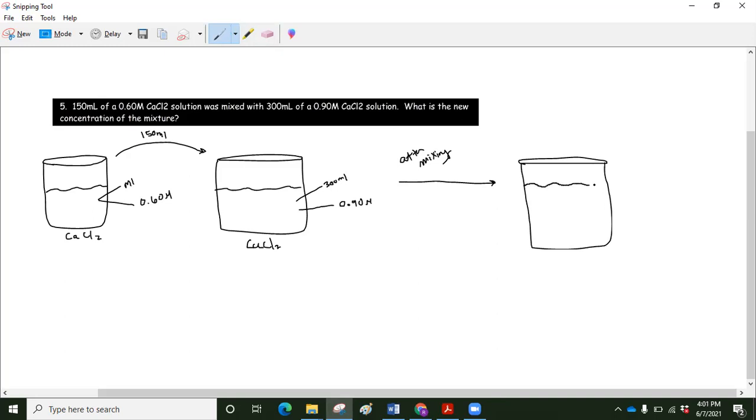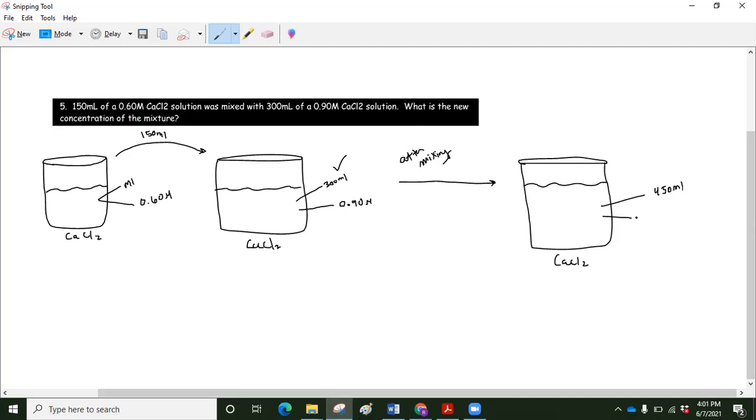So this is going to be a heftier amount than the previous, because of course we're mixing stuff. And so we can infer by now that if we have 300 milliliters and we add to that 150 milliliters, then 300 plus 150 is just 450.